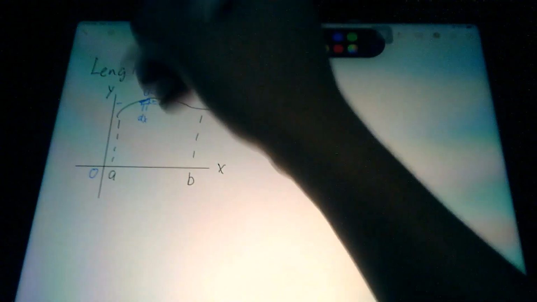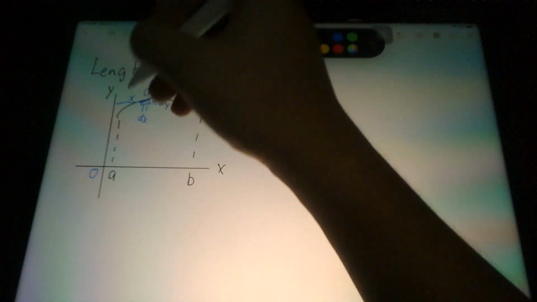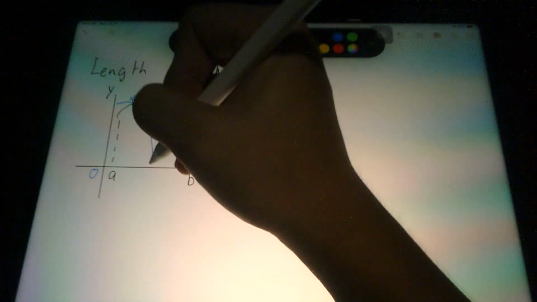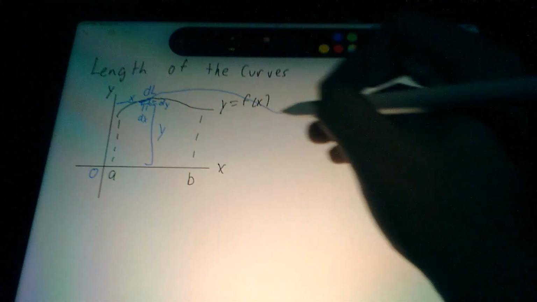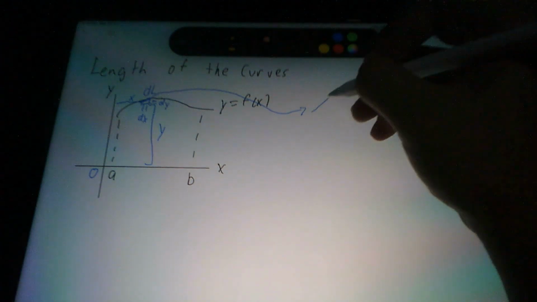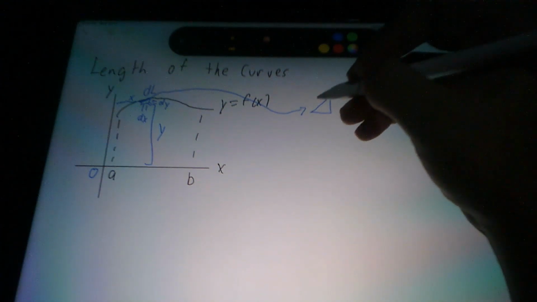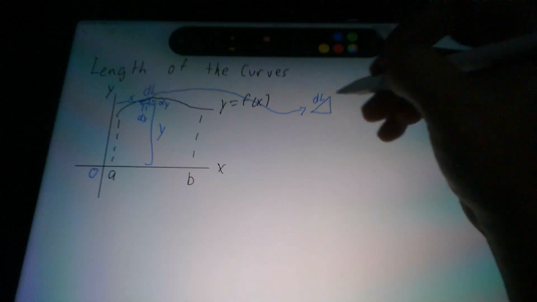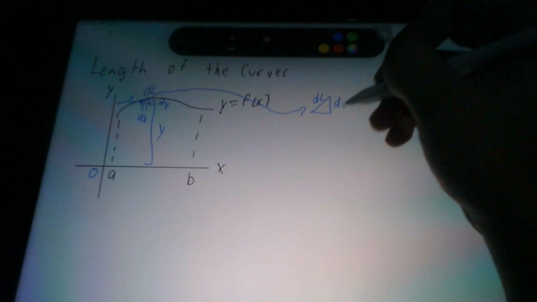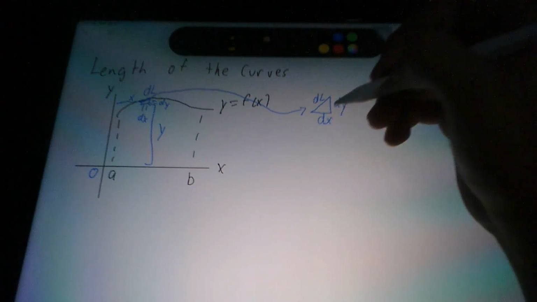From the origin here, this is 0, origin x, and the height of this strip is y. Now if we take out this strip here, let's put it here, this will look like this. DL, differential length, is our dy, and this is our dx.